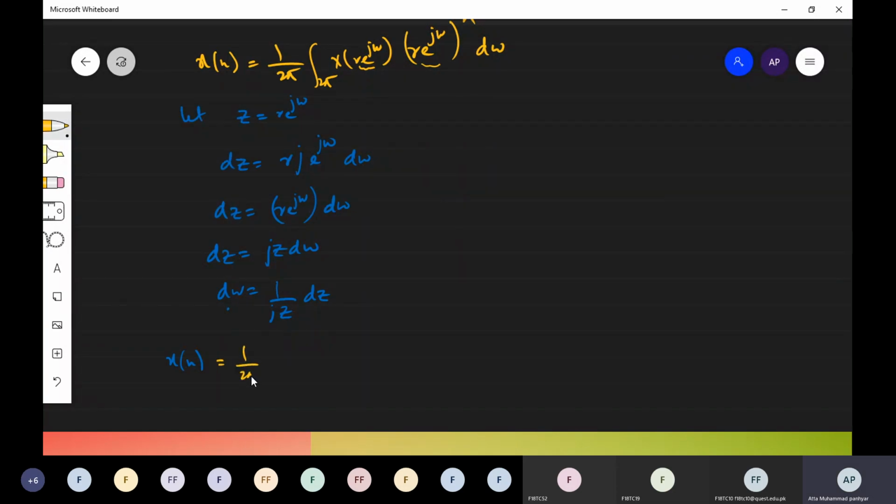Now substitute all these values into this equation, then what we get is x of n is equal to 1 over 2 pi, and we know that our integral is over a closed interval, from minus r to plus r, whatever you can say.